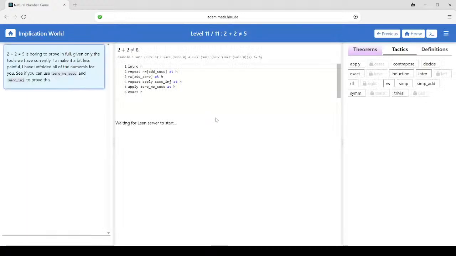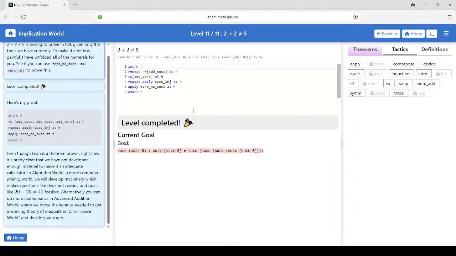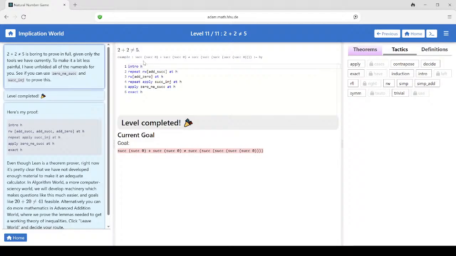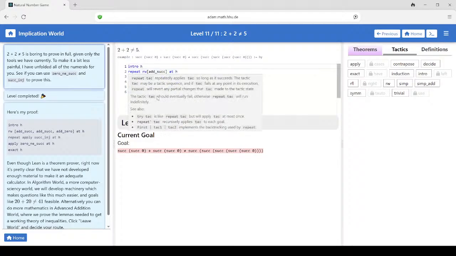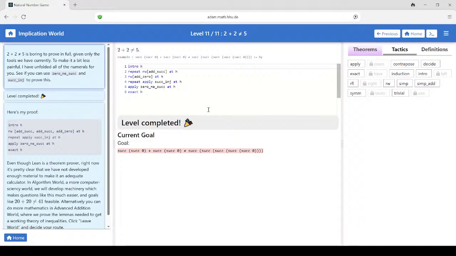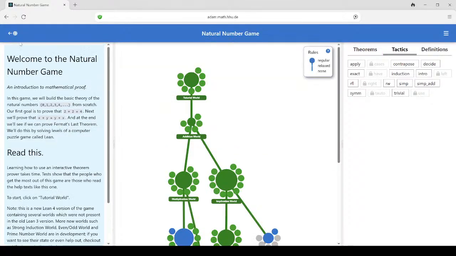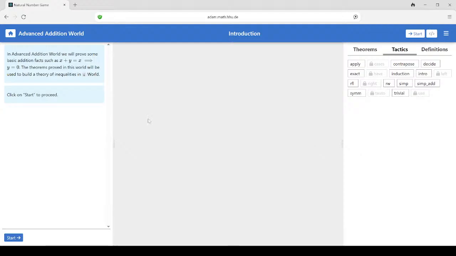What did implication world look like? What kinds of things were we doing here? We wanted to prove that 2 plus 2 does not equal 5. I don't know.